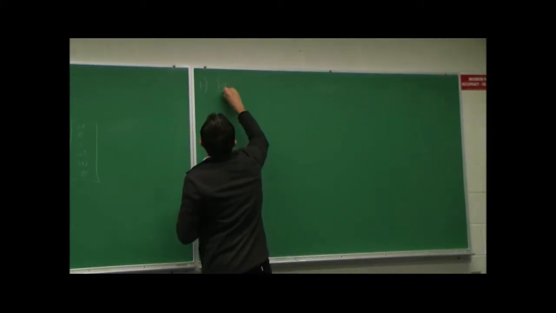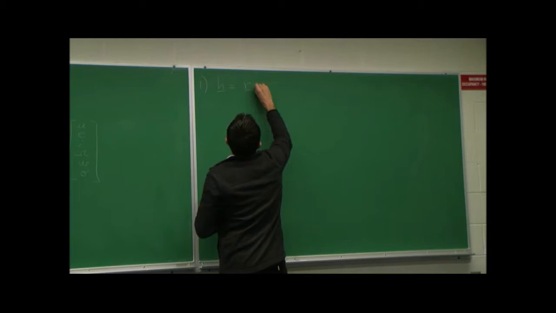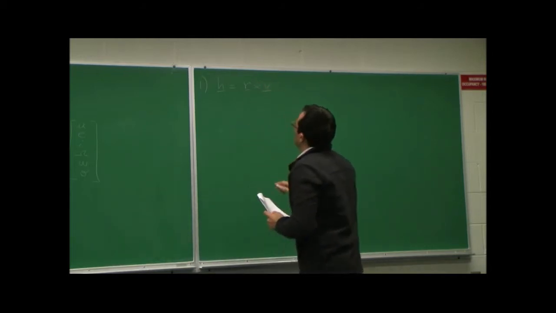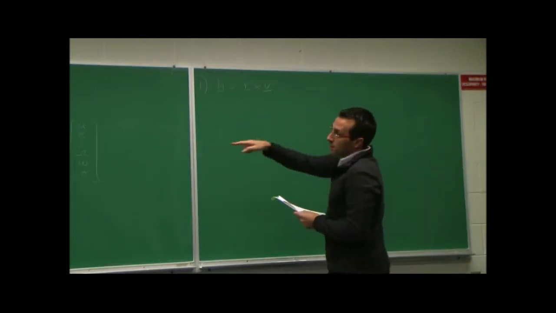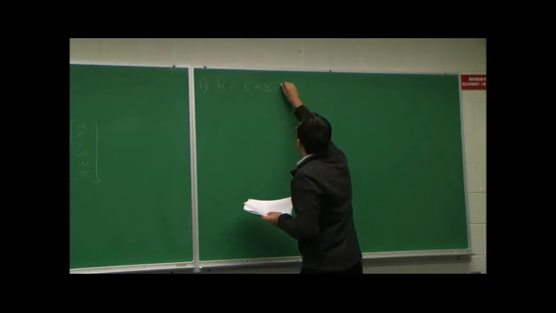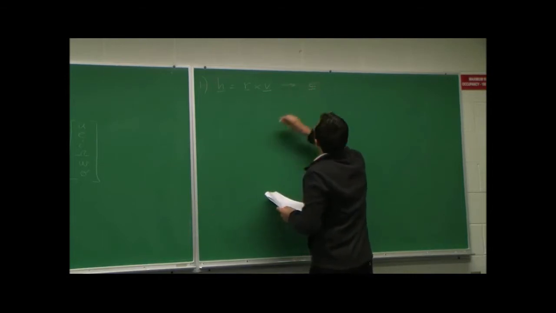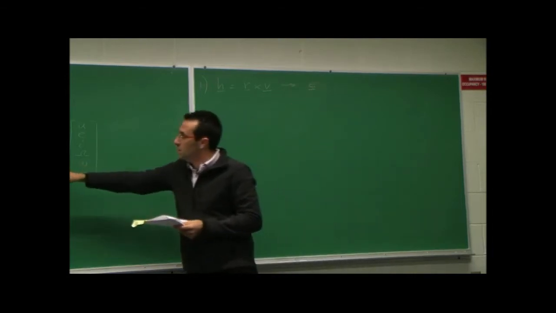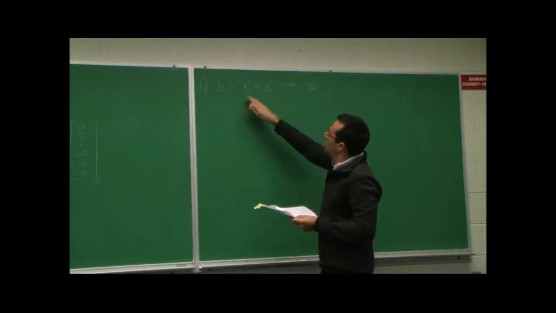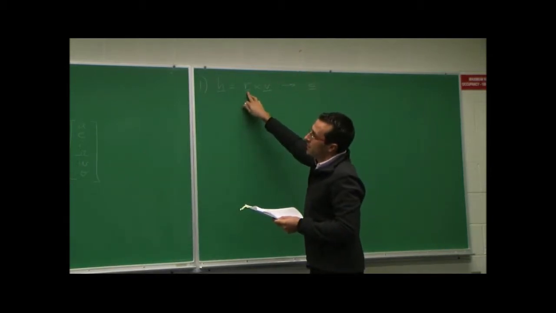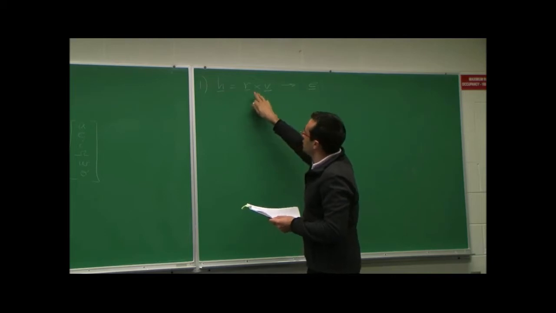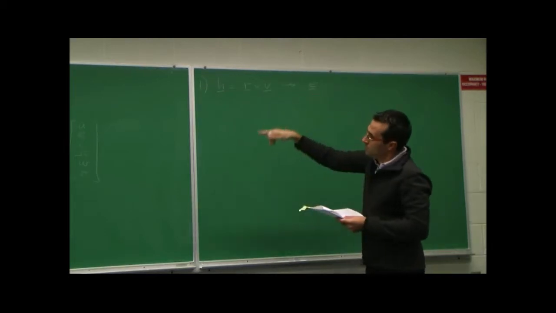So you start from H, which is R cross V, done. And that actually gives you E, right? Because that's the only quantity that is missing there. So imagine in MATLAB I've given you 3 quantities that compose the vector R, 3 quantities for V, cross the 2 vectors, you get E through that expression.